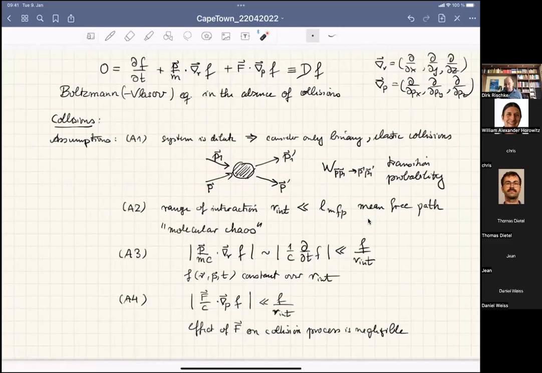It's a loss for the range of momenta around p. The particles in that range get depleted because they collide and are moved into a different momentum volume element around p prime. All right. Did I say this in an understandable way?